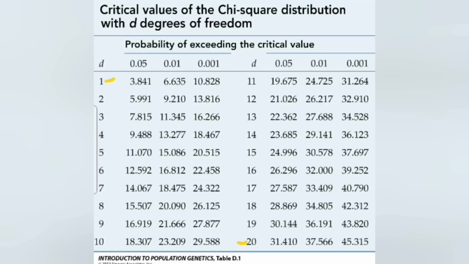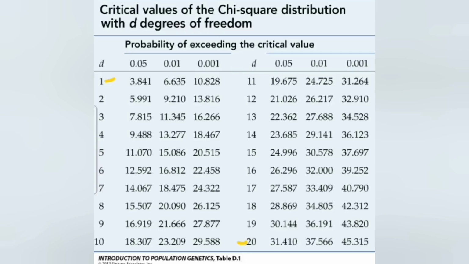To use this critical value table, all you have to do is first identify your degree of freedom. Don't forget that for this question, the degree of freedom is 5. Also, take note that the formula is n minus 1, where n is the number of samples that you have.